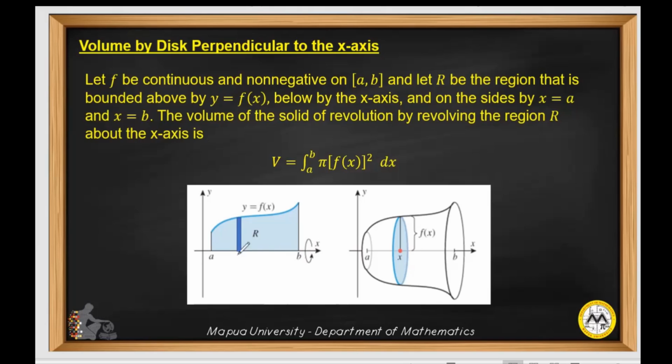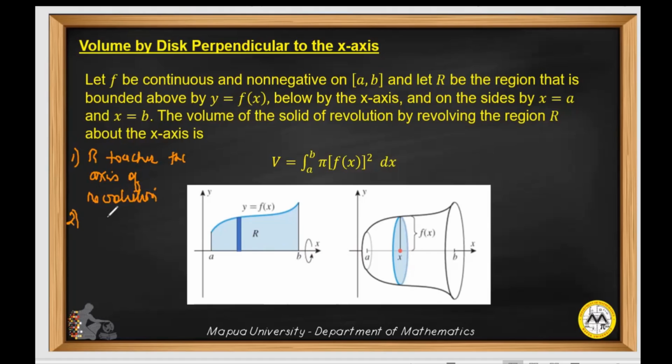Second, the element must be perpendicular to the axis of rotation. So let us write here: the region R touches the axis of rotation or revolution.